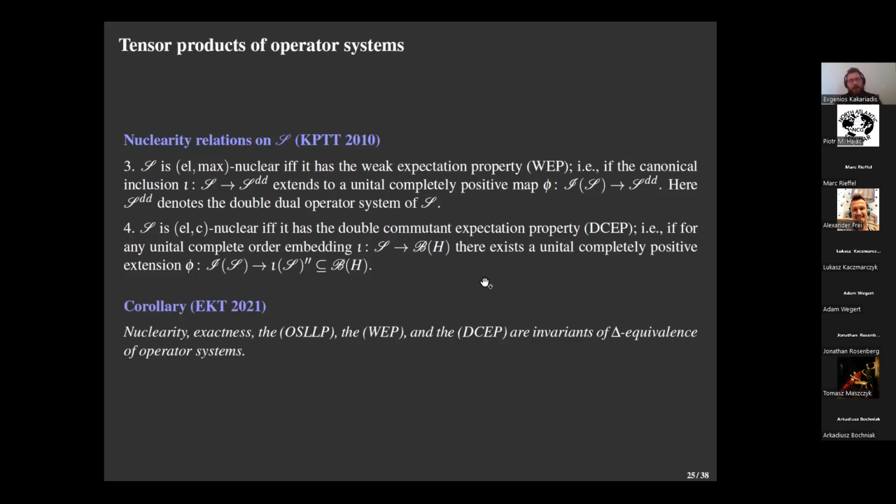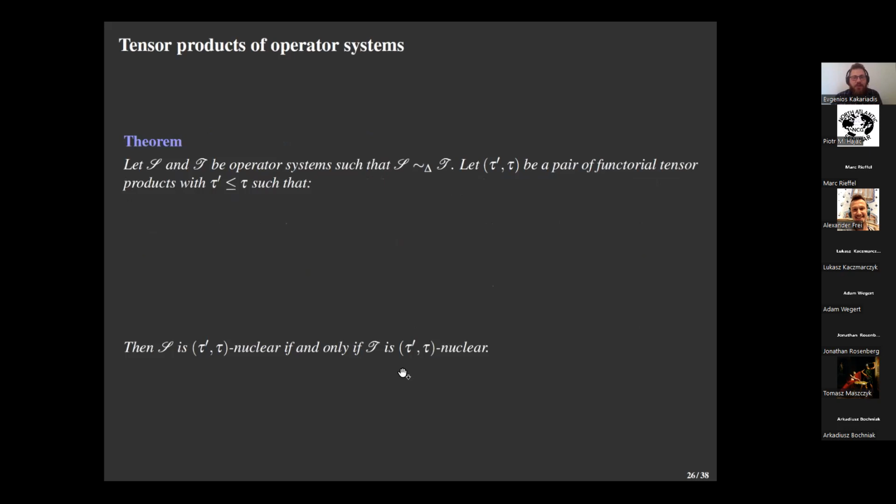Right, and I'm saying all this in order to say that all these properties are invariants of delta equivalence for operator systems. And the way that we do it is, of course, to check what happens with the tensor products.